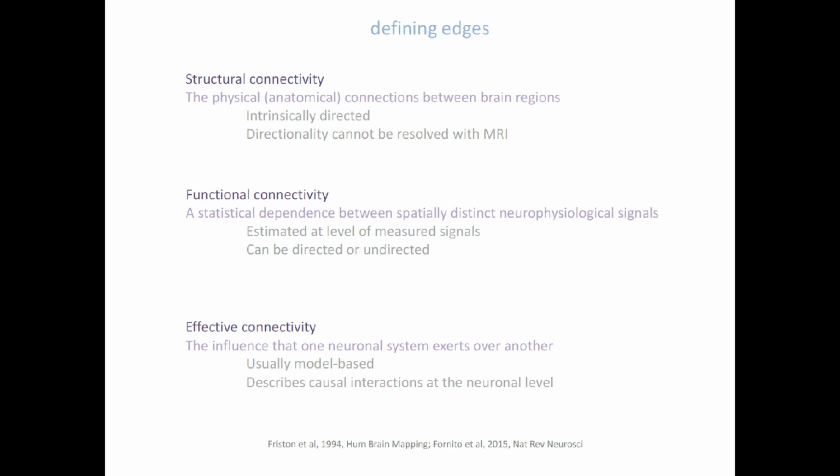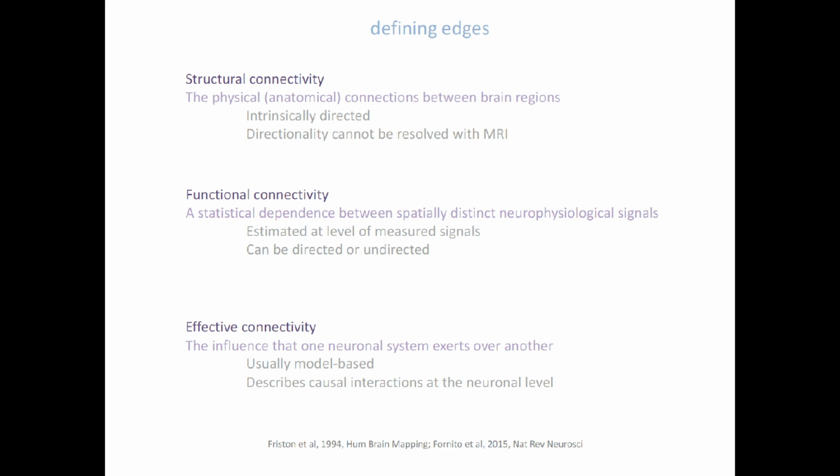Dynamic causal modeling has a model of how the BOLD signal is generated by neural dynamics, and so we specify different models of the causal structure of neuronal interactions. We put it through what's called an observer function, which is the mapping between the neural dynamics and the BOLD signal, and we see which neural model best explains the BOLD signal.